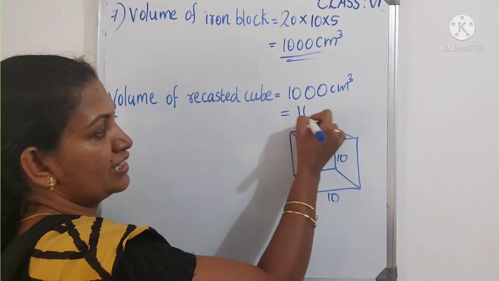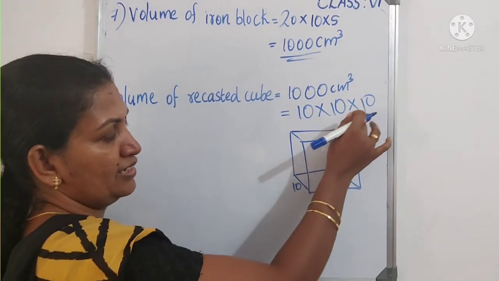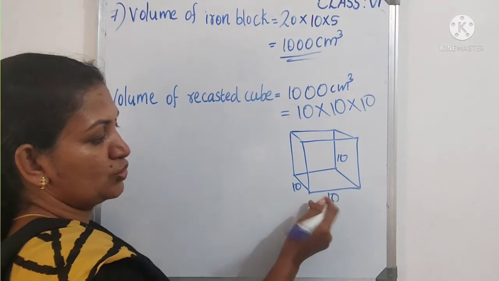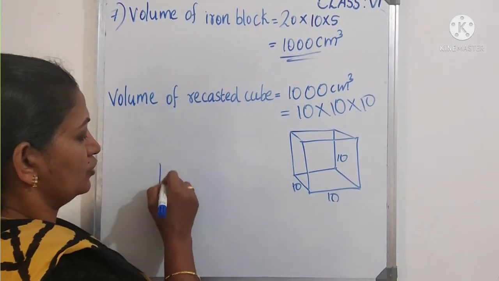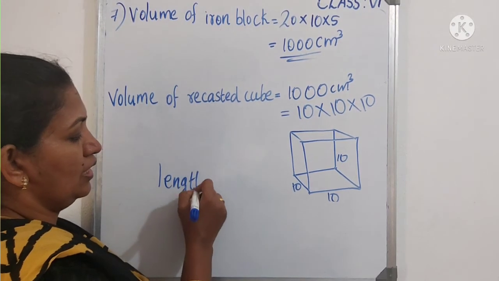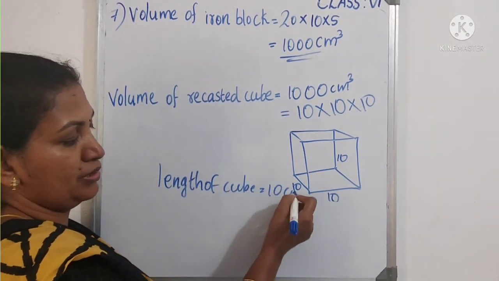This is 10 into 10 into 10. 10 tens are 100, 100 into 10 is 1000. So the length, breadth and height of this cube are equal. So the length of the cube is equal to 10 centimeter.